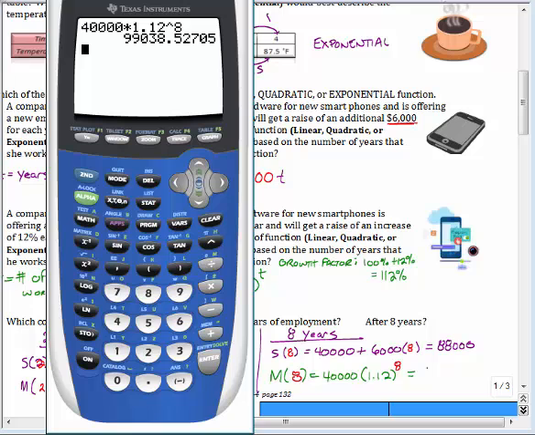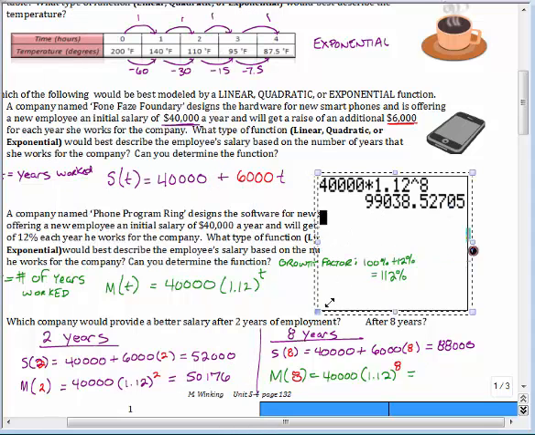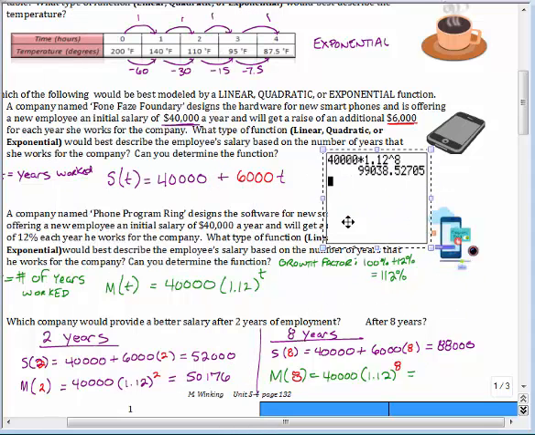That's $99,038.53. So that would be substantially more if you worked for the company for a number of years and used the exponential model. If it's a long time you're working for the company, you're better off with exponential. If you're only going to work with the company a short amount of time, it'd probably be better to just use the linear in this case.